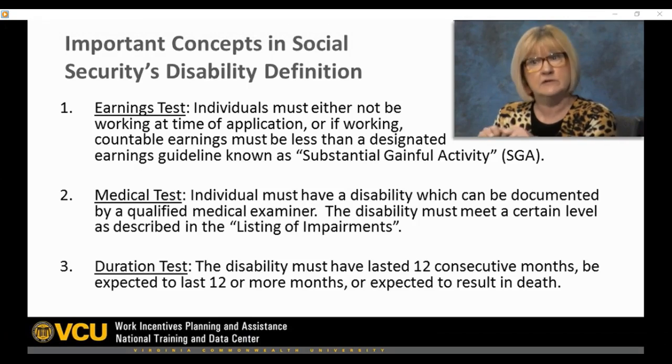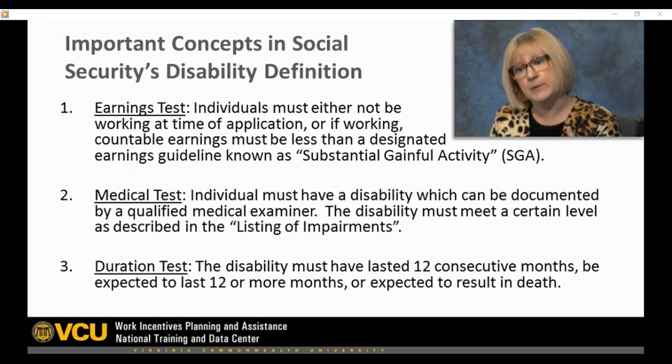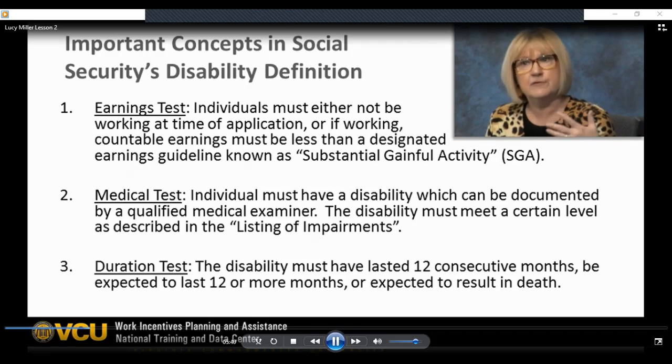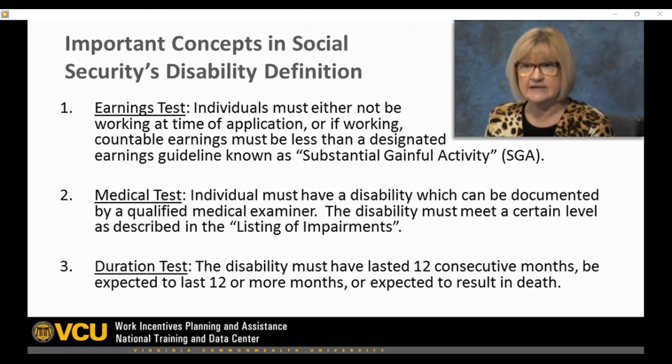And you can type in listing of impairments under search, and it will pop up. It's lengthy, and it is kind of interesting to look at because all the different types of disabilities are separated by broad category, and then each type of disabling condition or impairment has a separate explanation of when that impairment would meet what they call listing level.